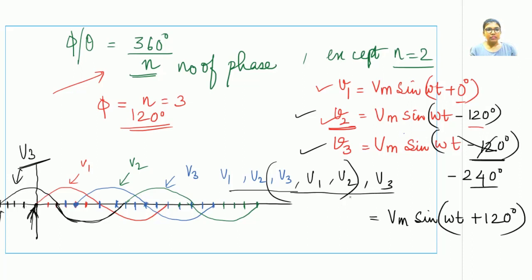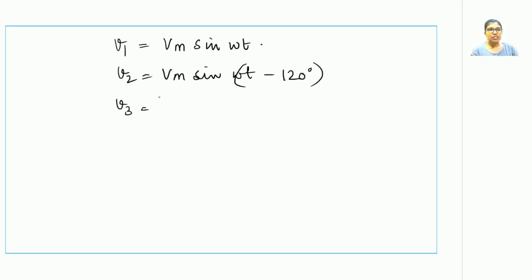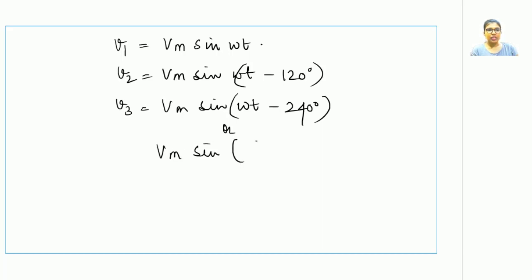Hence, we can write down finally the complete set of representation of the three phases for a three-phase system. V1 is written as Vm sine omega t. V2 can be written as Vm sine omega t minus 120 degrees. V3 can be written as Vm sine omega t minus 240 degrees or Vm sine omega t plus 120 degrees. So this is the complete set of representation of the three phases that are being generated in a three-phase system.